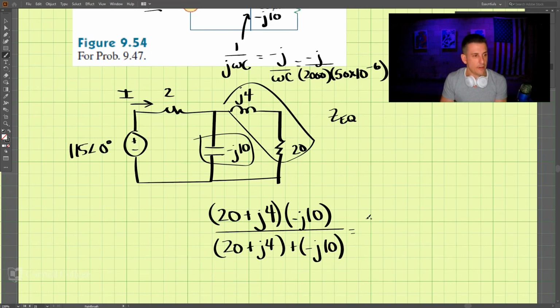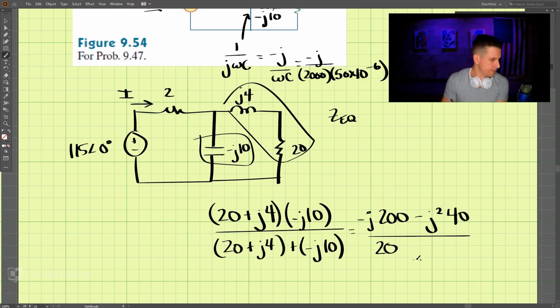Now on the top here, that is negative J200 minus J squared times 40. And then on the bottom here, we have 20 minus J6.